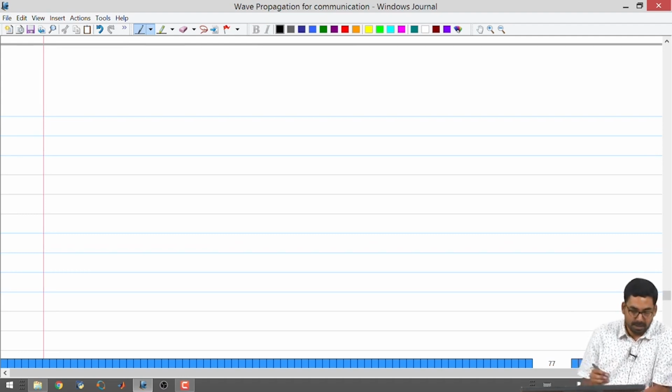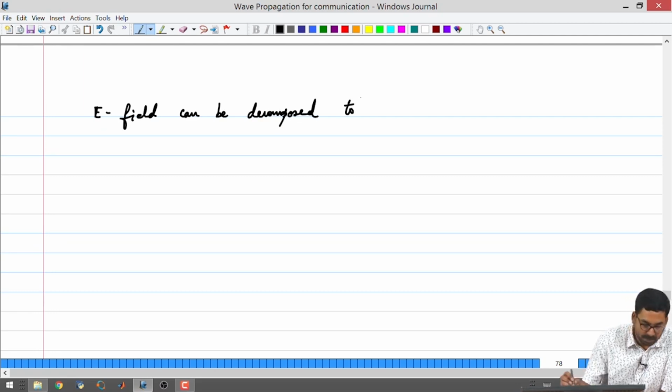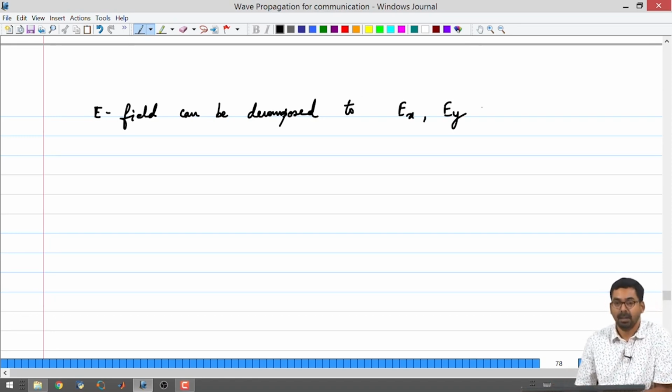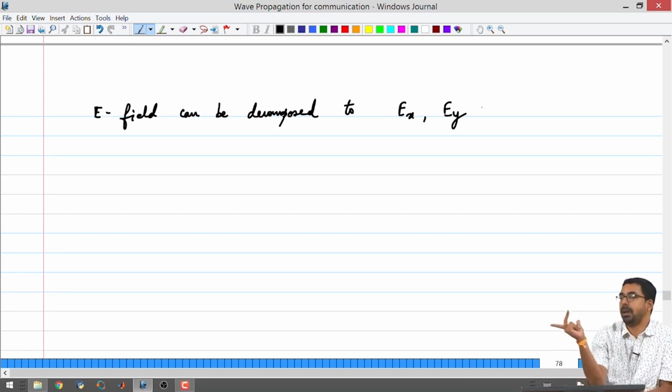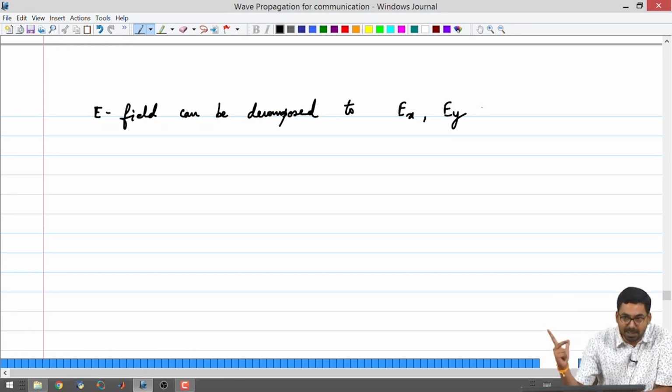Here we can say that in the most general case, the electric field can be decomposed to Ex and Ey. When you do that, the equivalent is that you are rotating your hand while keeping the direction of travel fixed.